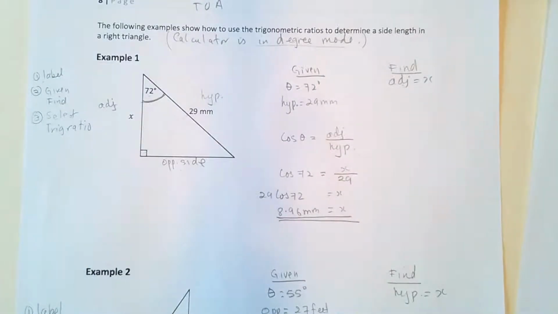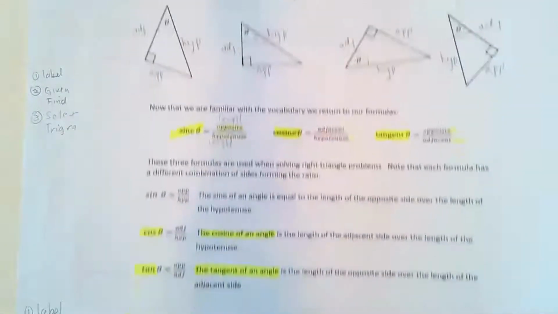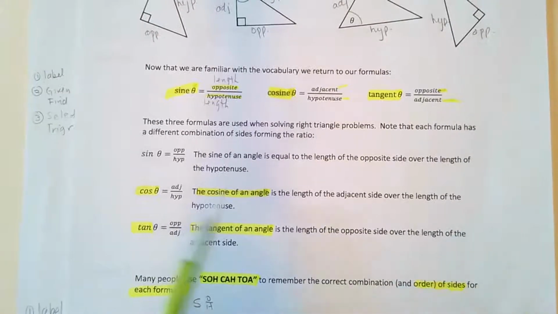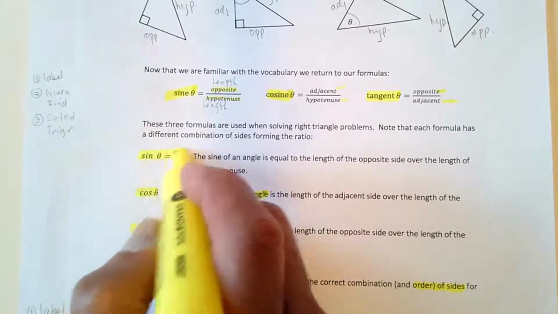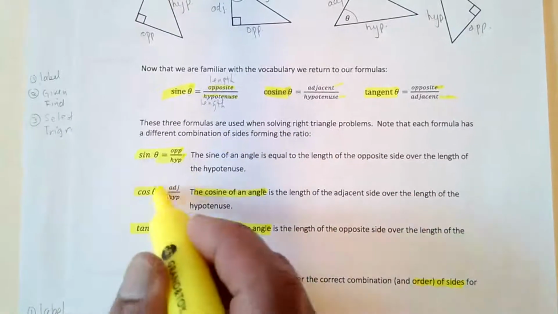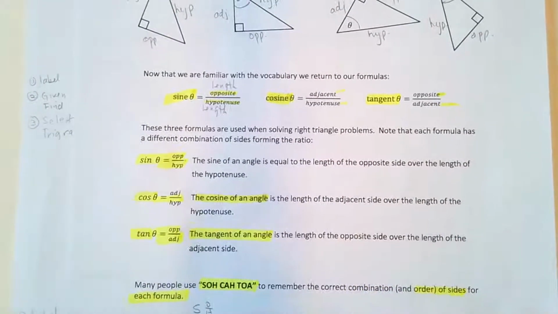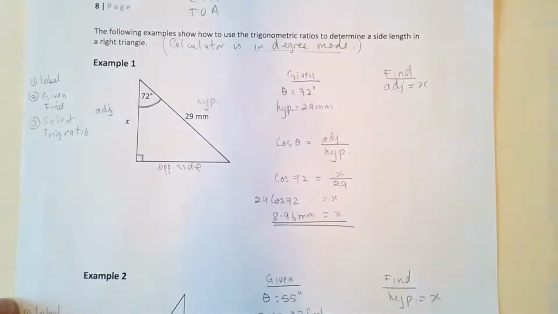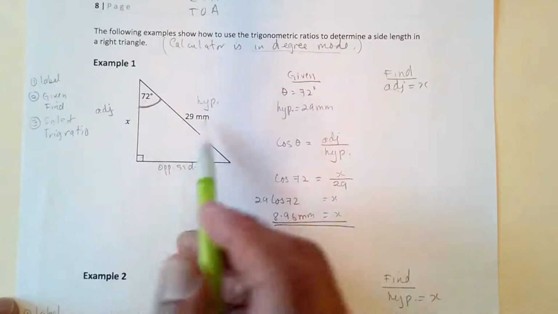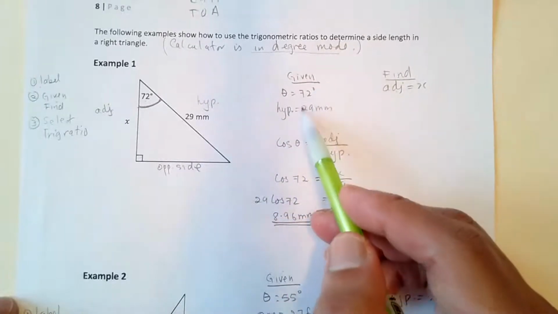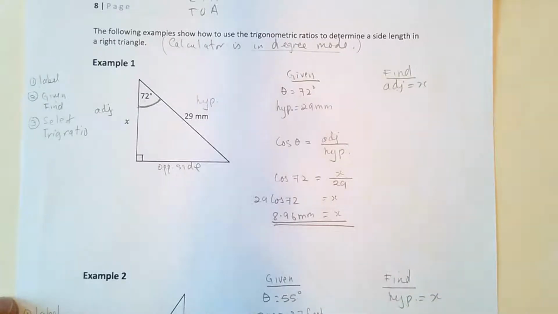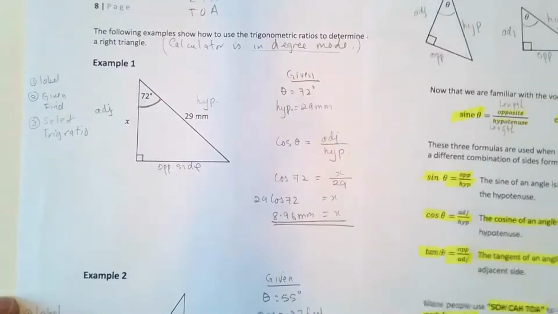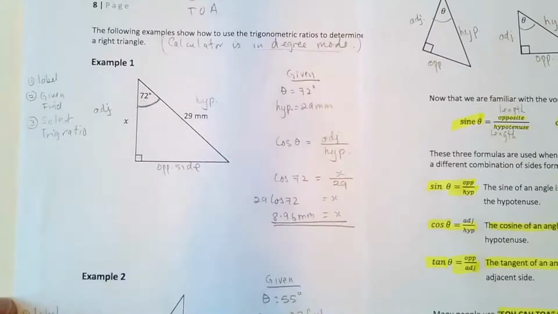So we'll want to have our trig ratios in front of us, which are these three here. These are your three trig ratios. So once you label, you write down what's given and what needs to be found, and then you go to your trig ratios to find if there's a match.